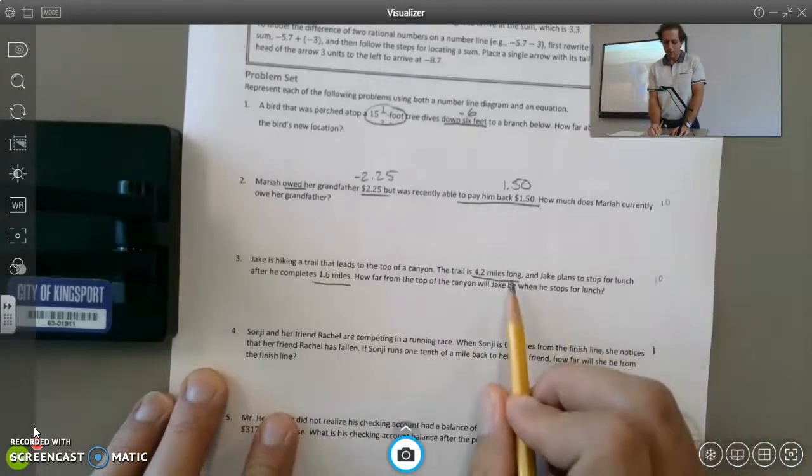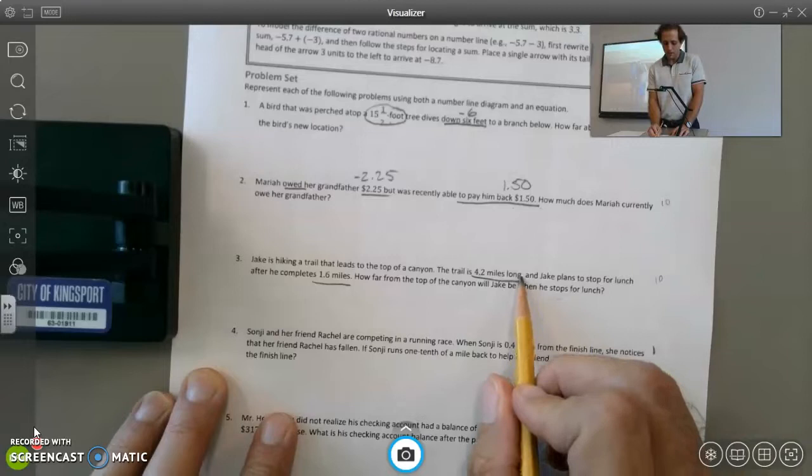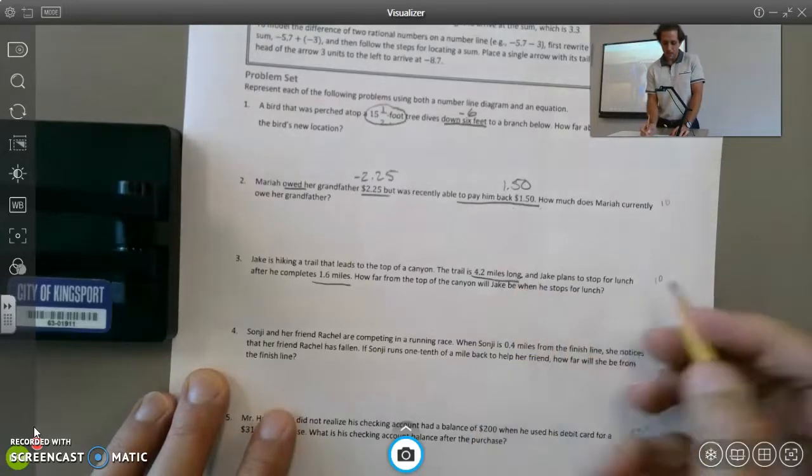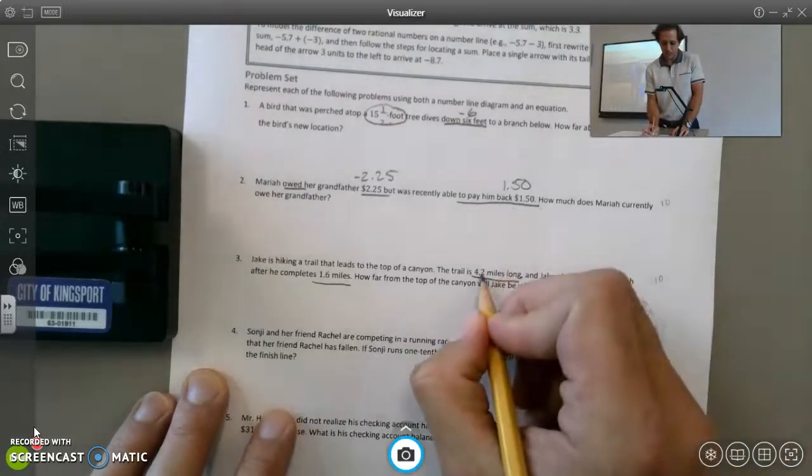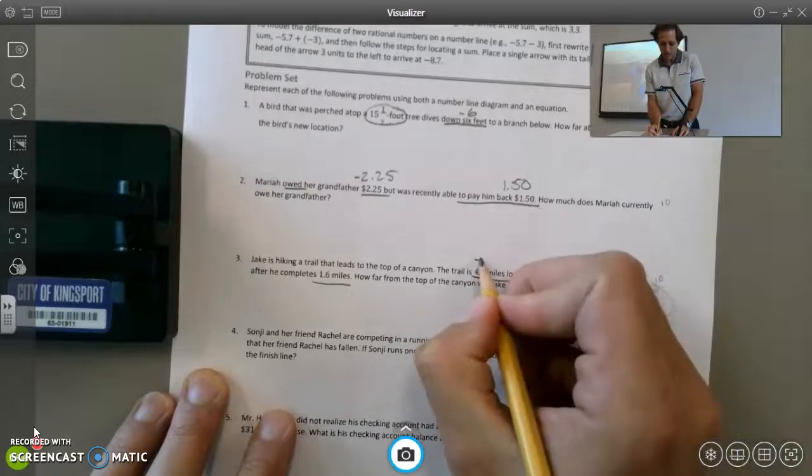Okay, so we are actually going to treat this like a negative number.